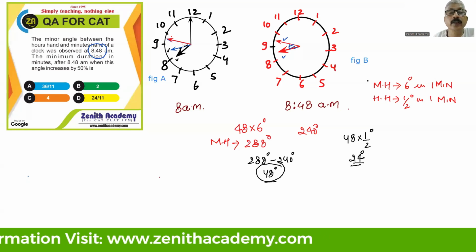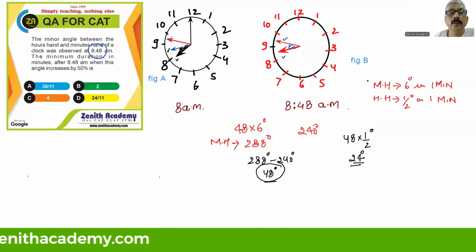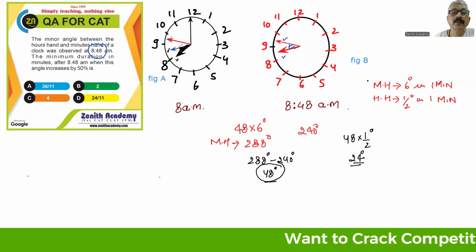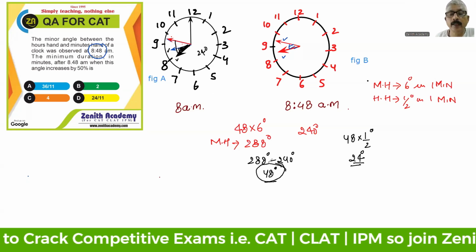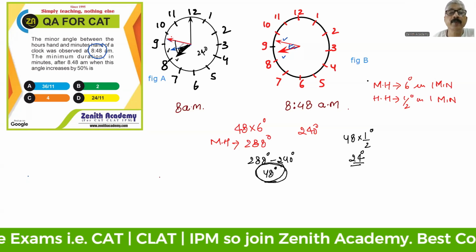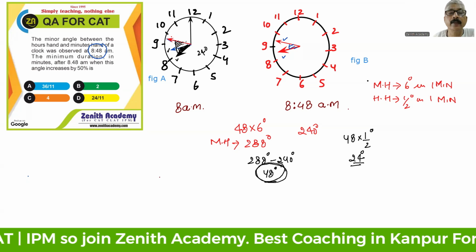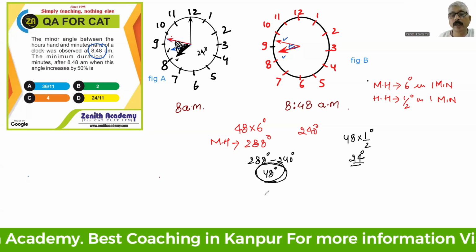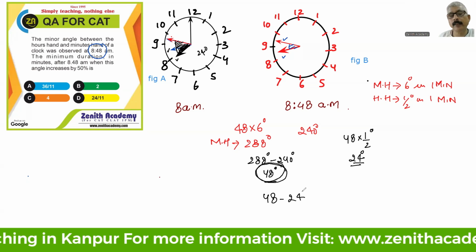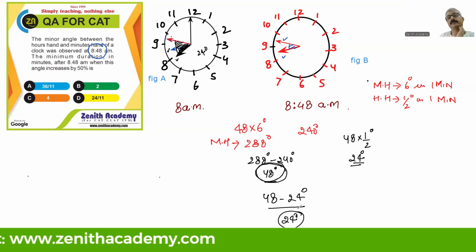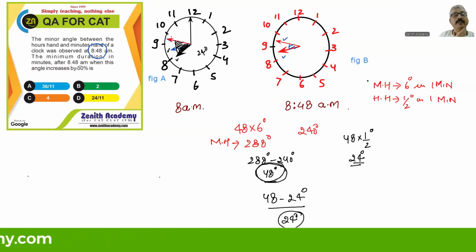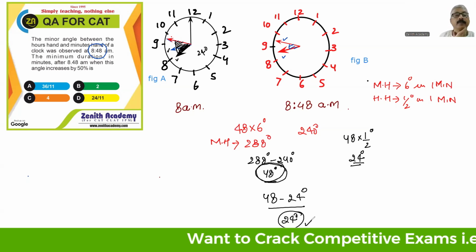This is 24 degree, and this is 48 degree. So the angle between minute hand and our hand is going to be 48 minus 24 degree, which is equal to 24 degree, right? So when the time is 8:48 a.m., the angle between minute hand and our hand is 24 degree.